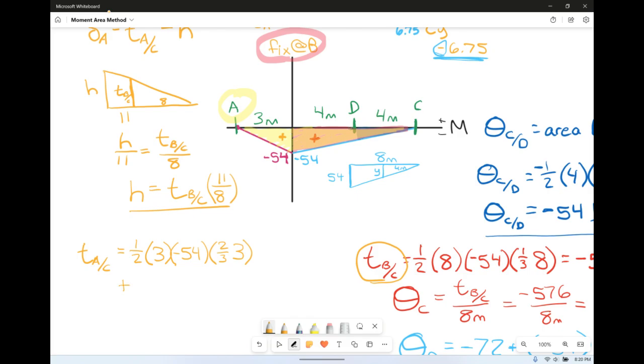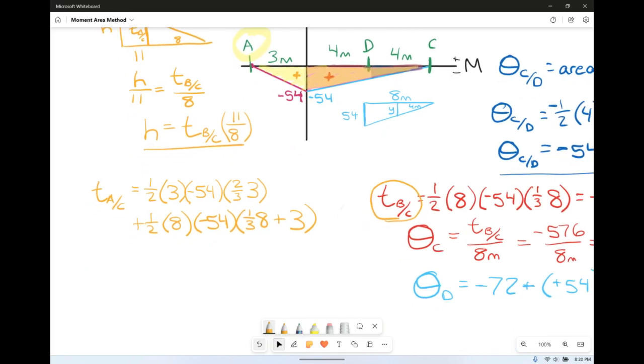Plus, we have the area from B to C, which is 1/2 the base of 8, the height of -54, and the distance from its centroid over was 1/3 of 8 plus the whole distance of 3, right? Because we're going to go 1/3 of 8 to get to B, and then we have to go from B all the way over to A.